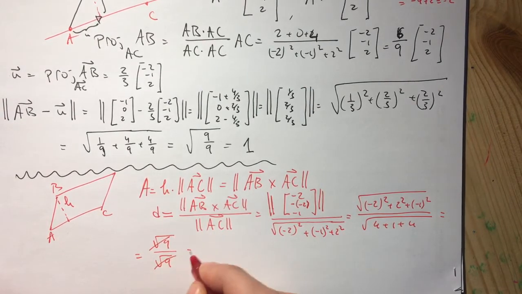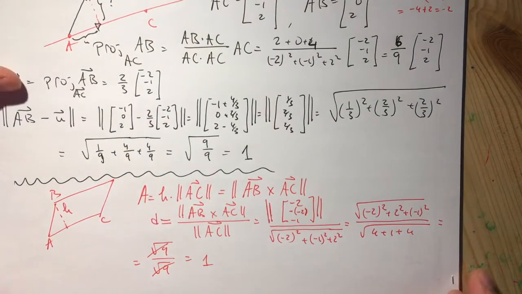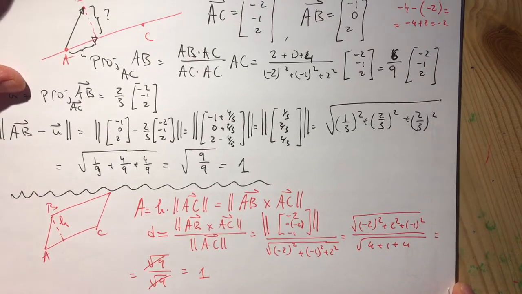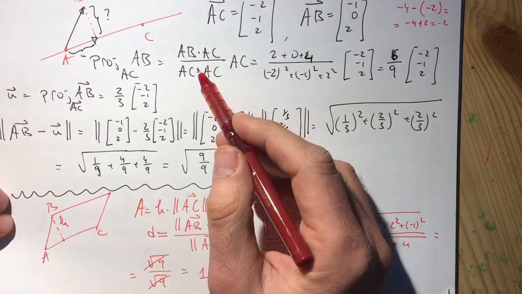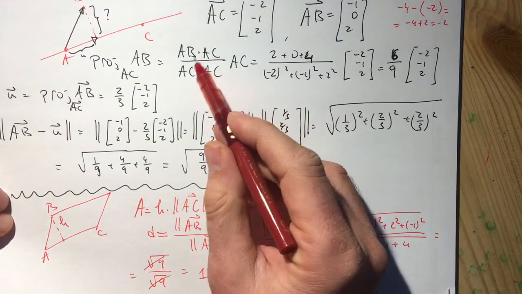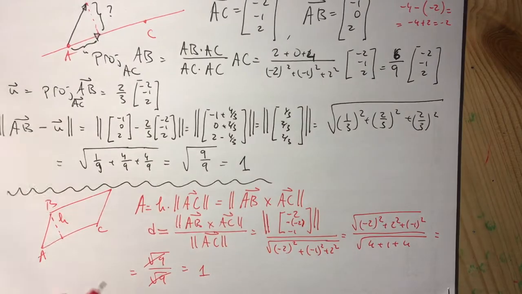Again, you have the distance or the height is equal to 1. So in both cases, you get the same answer. You don't have to do both of them. You just have to do one approach, either through the projection, which involves the dot product, or through the cross product.